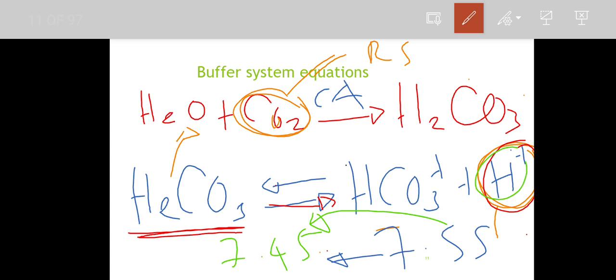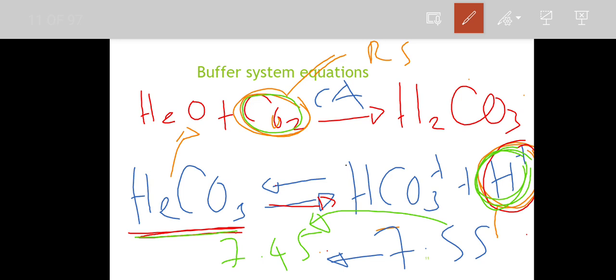And this is how these equations basically work here. Okay, if the blood is more acidic, then we don't need hydrogen ions. So hydrogen ion combines with bicarbonate to form carbonic acid so that it can be excreted, or hydrogen ions can be excreted directly by the kidney.